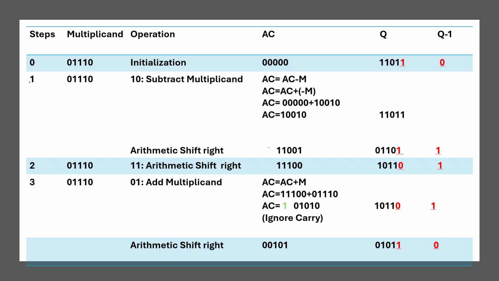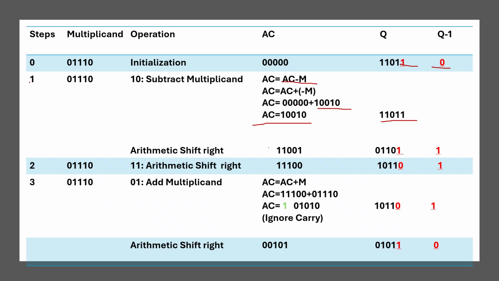Initially, for iteration 0, we initialize all the values, and we see the pair Q0 and Q minus 1. Since it is 1 0, we have to perform AC equals AC minus M. The value of AC is 5 zeros, and minus M is 1 0 0 1 0. So the result we get is 1 0 0 1 0, and Q will be the same.